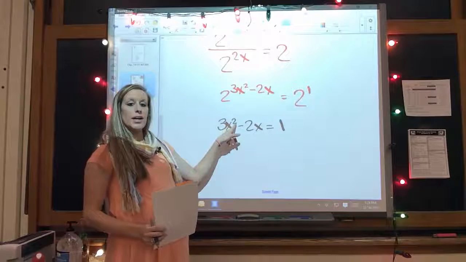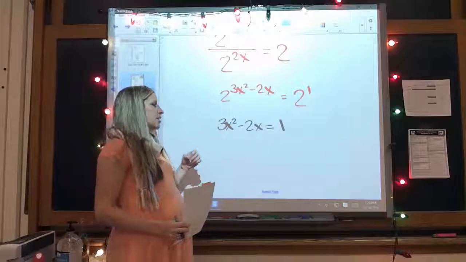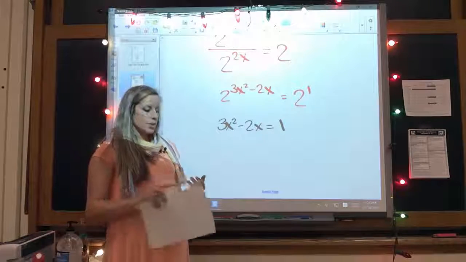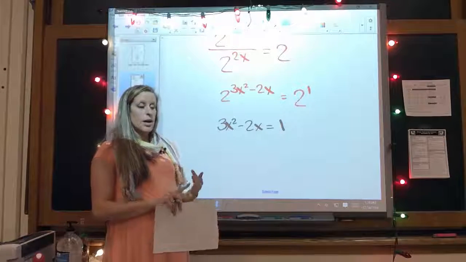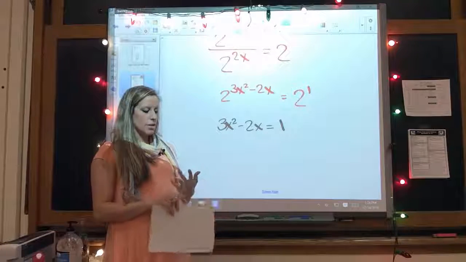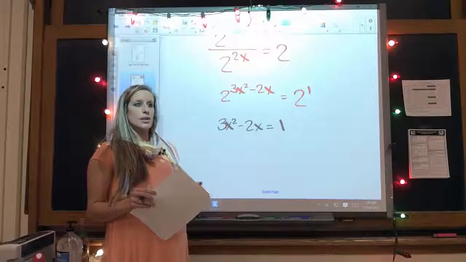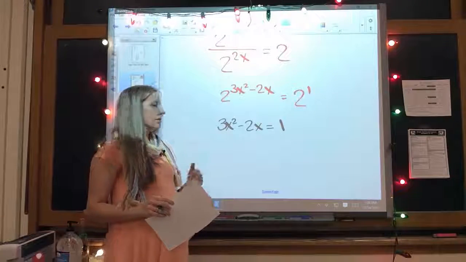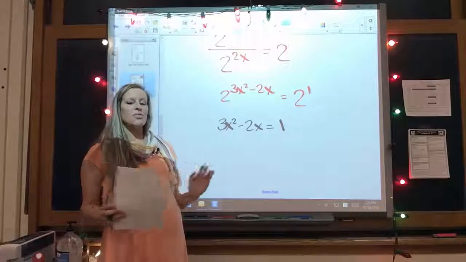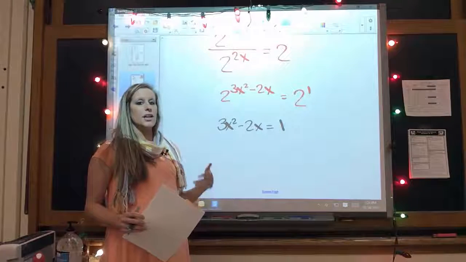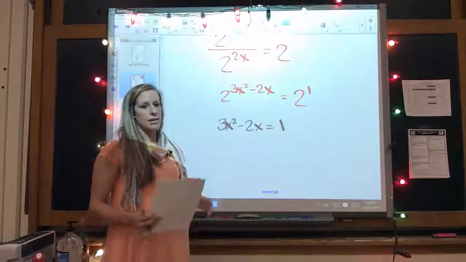You have an x squared here, right? To solve a quadratic, you either use complete the square, factoring, quadratic formula, all those methods we learned a couple months ago. We can't forget what we've learned all year. It's going to keep coming back.